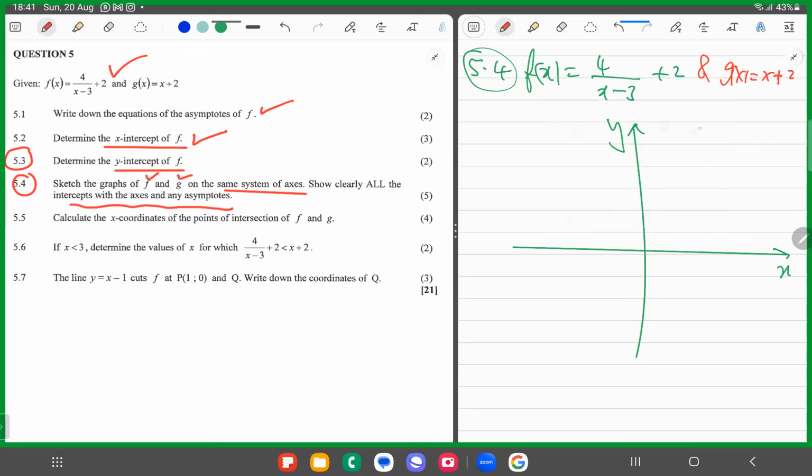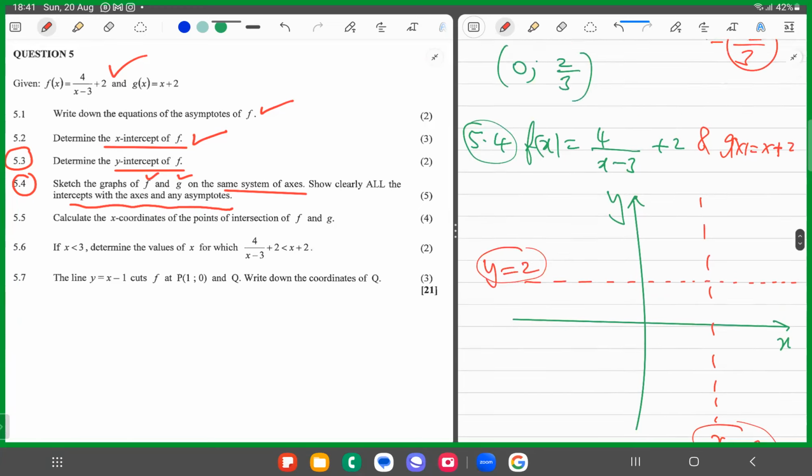This is x equals 3. If x equals 3, you have y equals 2. So now we have the vertical asymptote, which is x equals 3, and the horizontal asymptote, y equals 2.